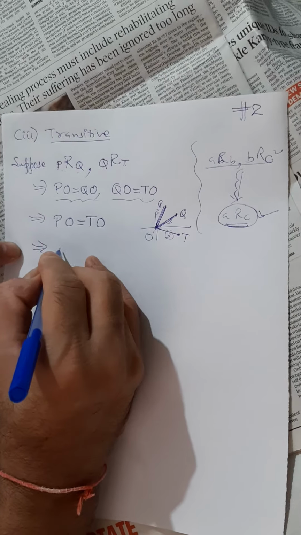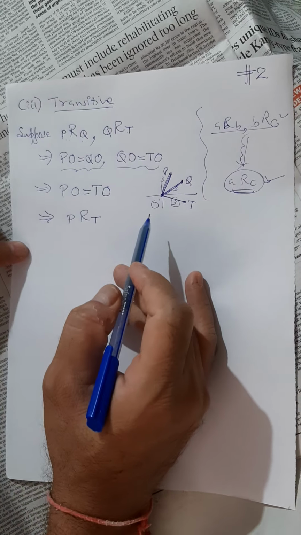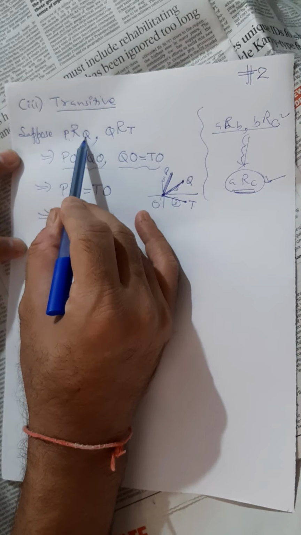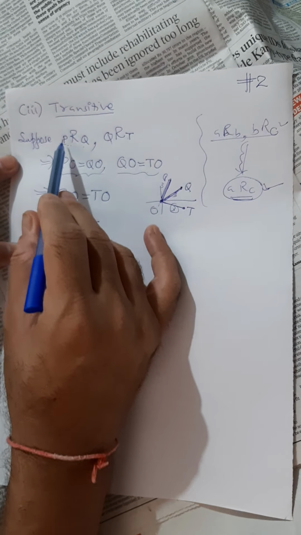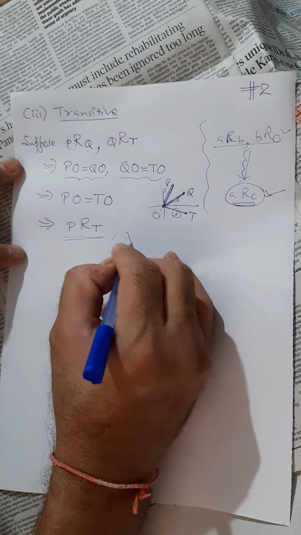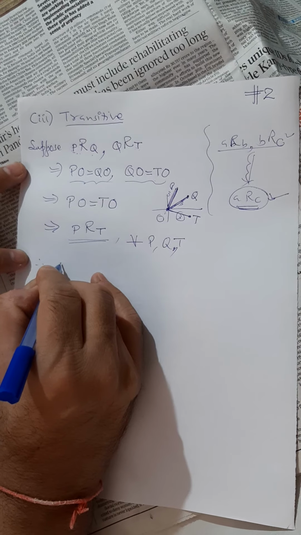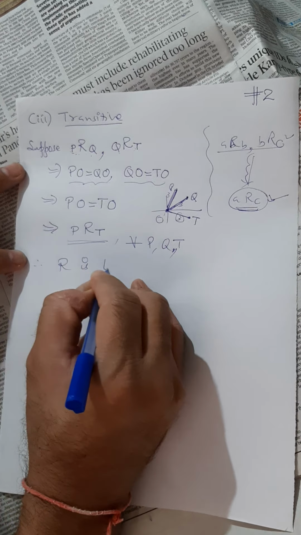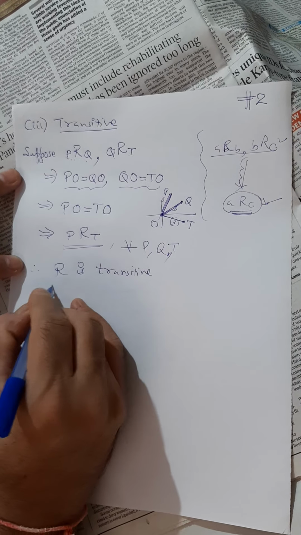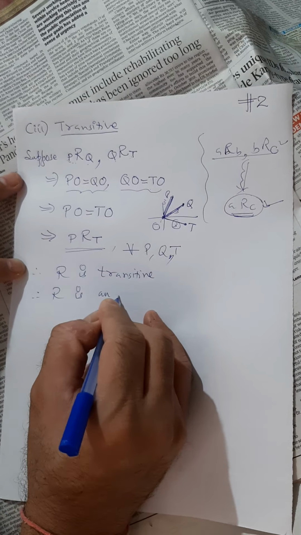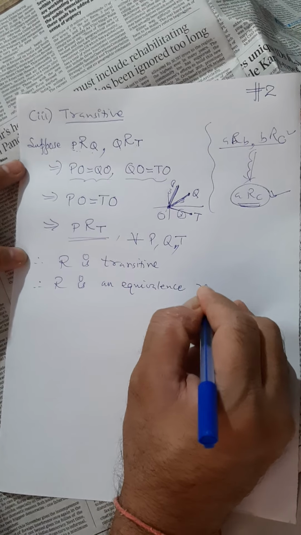Therefore P is related to T. So P related to Q and Q related to T implies P related to T, and this is true for every P, Q and T points. Therefore R is transitive, and therefore relation R is an equivalence relation.